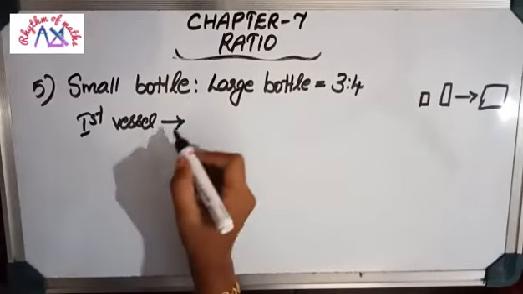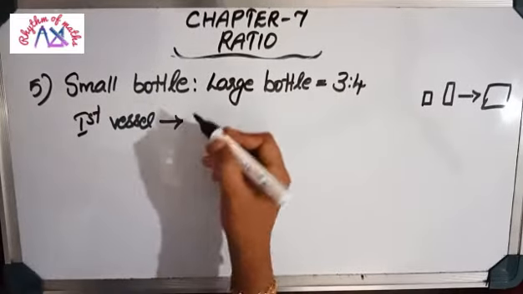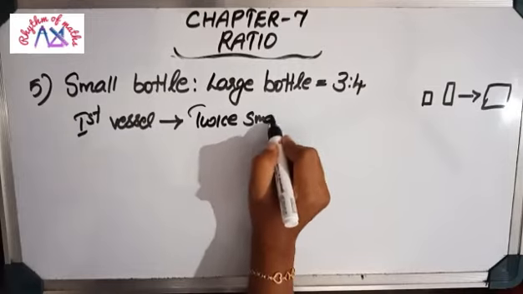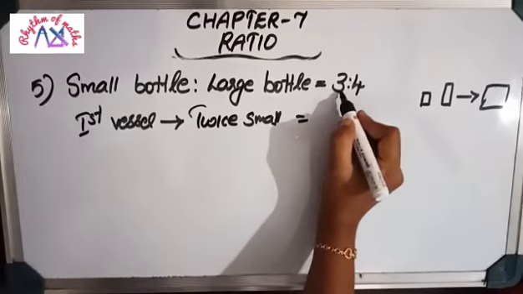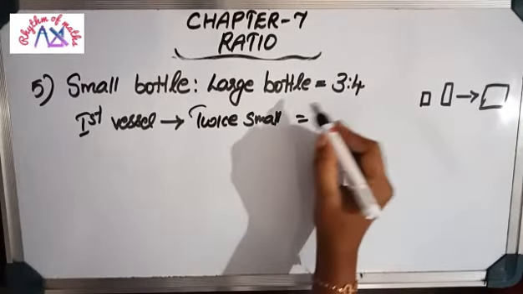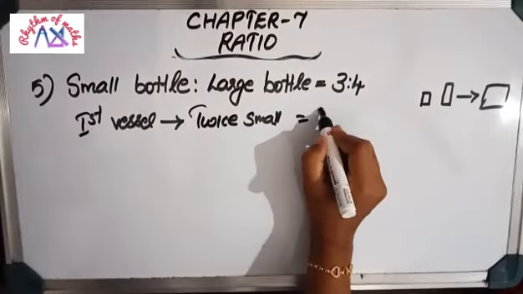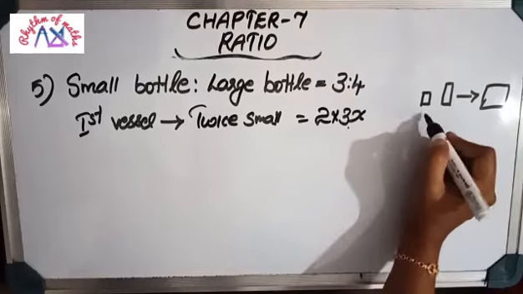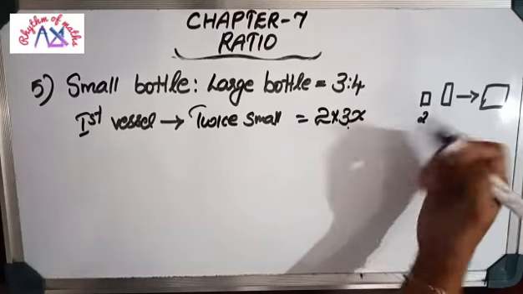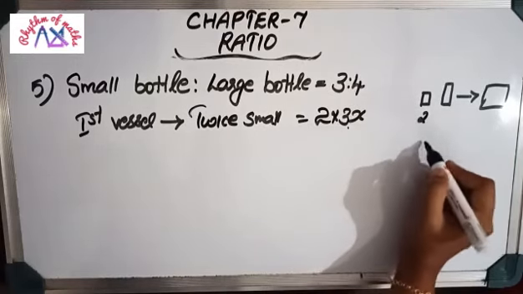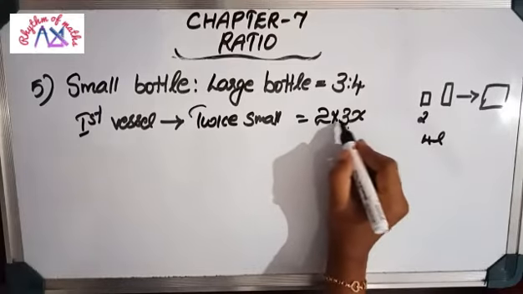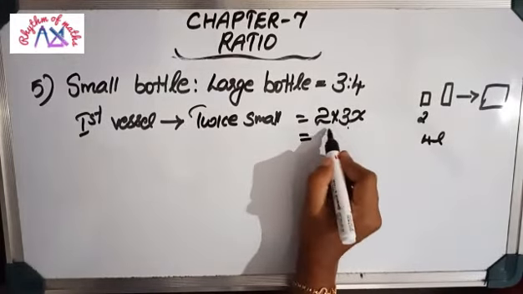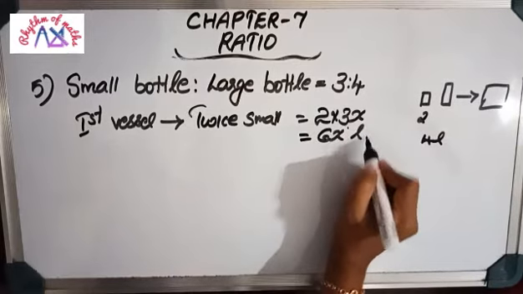So in the first vessel, the small bottle is twice. Twice the small bottle. So already the quantity is 3x. If we are filling that twice, it is 2 into 3x. Suppose 2 liter is the quantity. Filling twice, how much will we get? Total 4 liter we will get. Like this, it is 2 into 3x. That answer is 3 twos are 6, 6x liter.